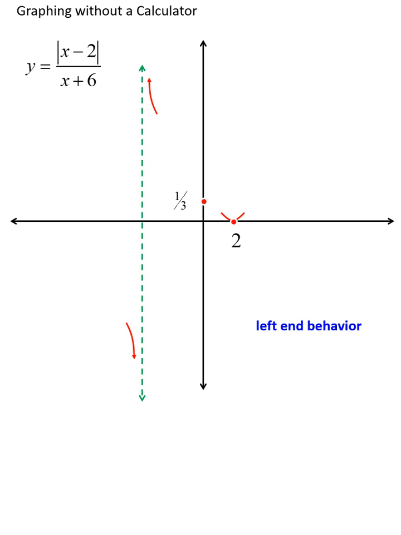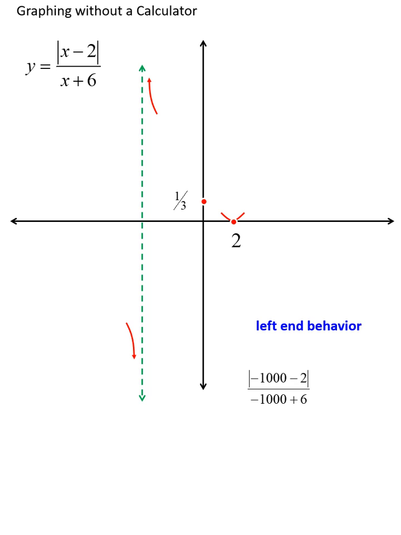As we go to the far, far reaches of the left side of this graph, what's happening to the function? Well, one thing that I like to do to imagine that left end behavior is plug in negative 1,000 to the function. Well, there's nothing special about negative 1,000. We're really asking a more general question here. What's happening to y as x becomes very, very negative? But negative 1,000 gives me a good sense of what's going on, so I like to use that as my example.